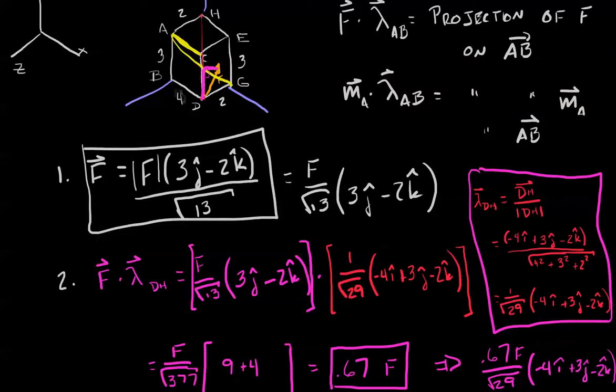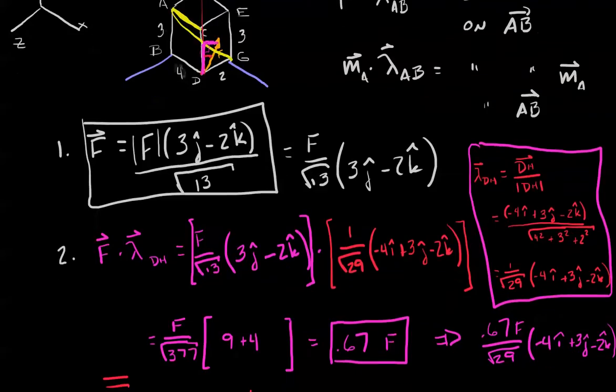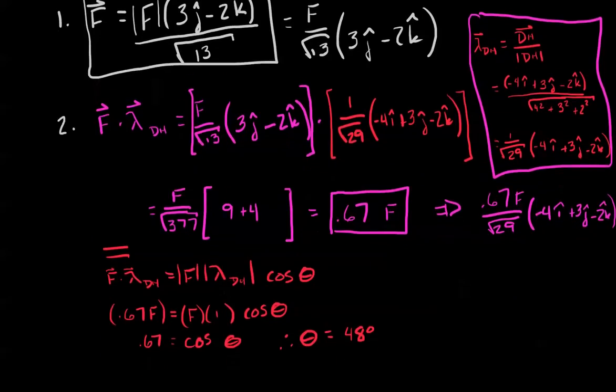Now I wanted to show you one more thing. One of the questions that might come up is, what is the angle here? What's the angle between the applied force and its constraint, where it can move along? The way we find that out is we go back to our original dot product definition. Dot product equals magnitude of one times magnitude of the other times cosine of theta.